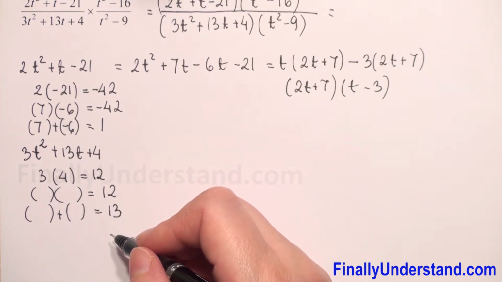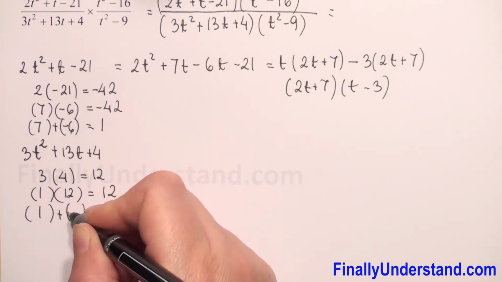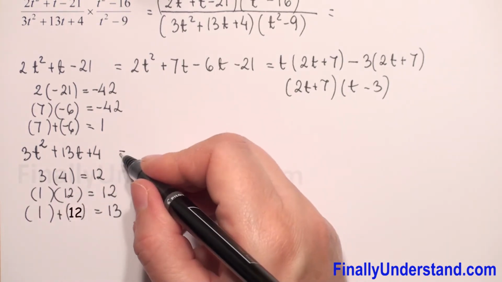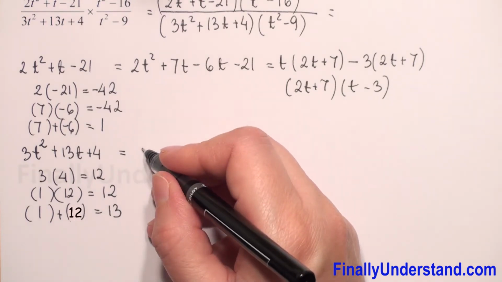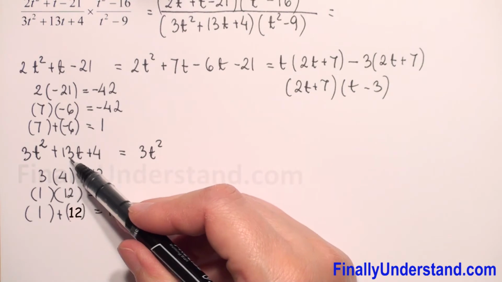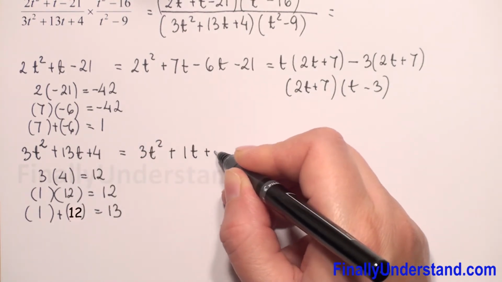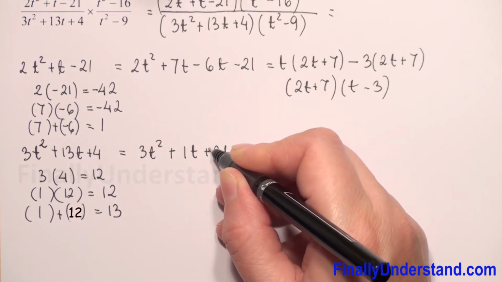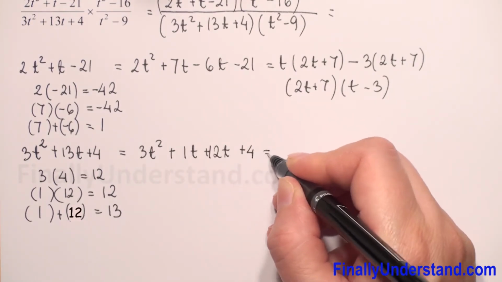So it will be 1 and 12. So now I can rewrite our trinomial: it will be 3t squared I have to copy, and 13t I can rewrite as 1t plus 12t, and 4 we have to copy, so this is equal.